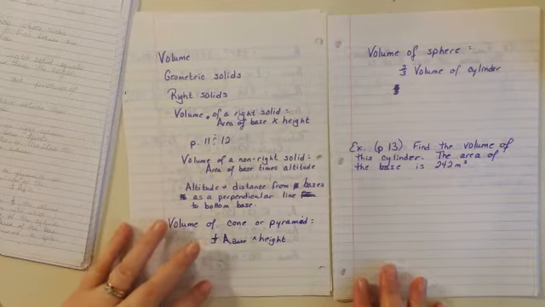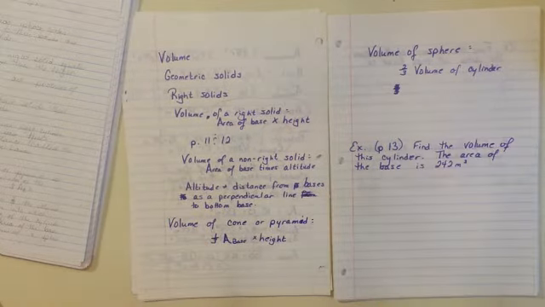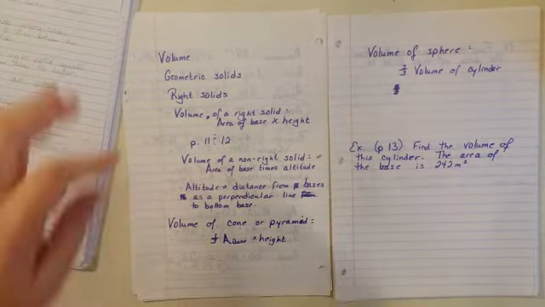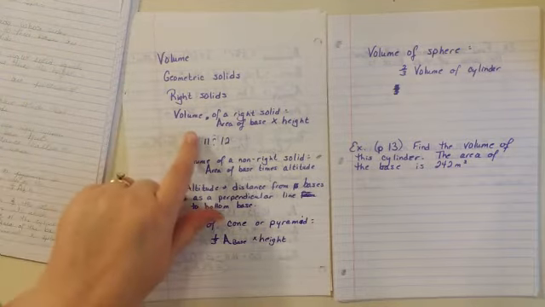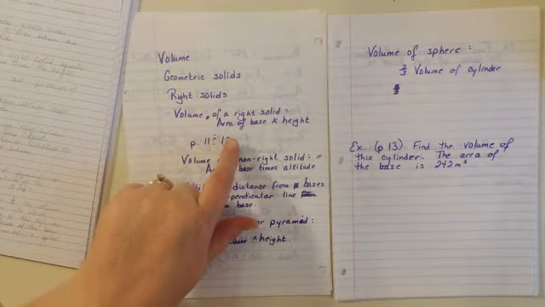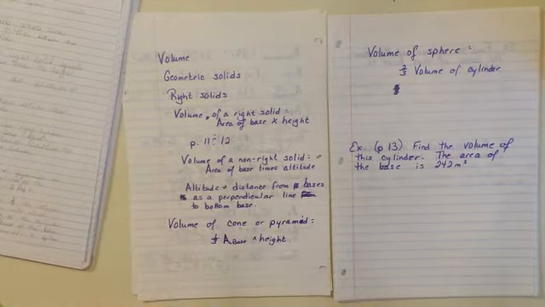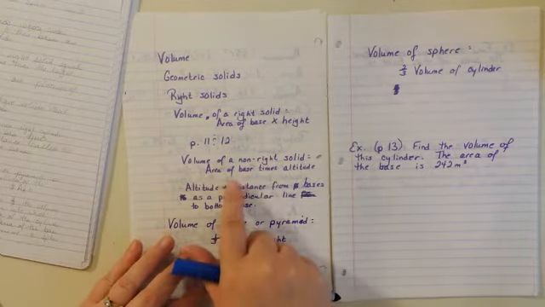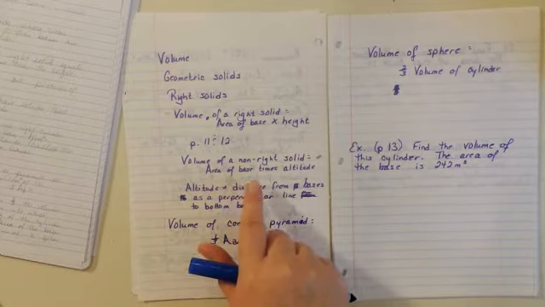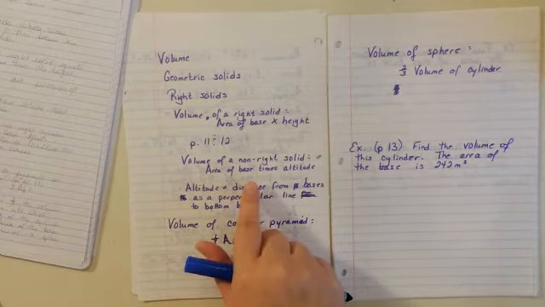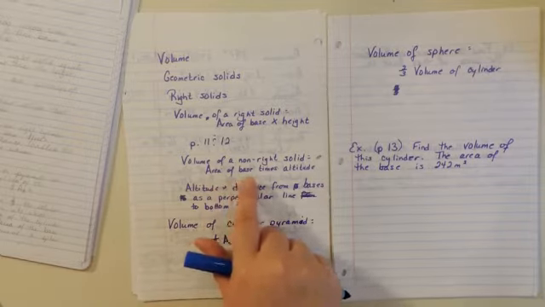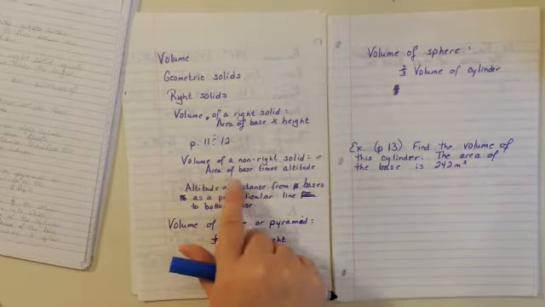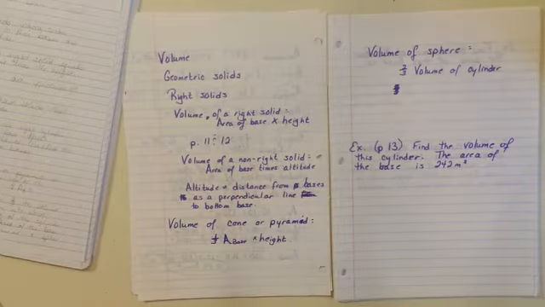So, to sum up, if we have a right solid, the volume is the area of the base times the height. If we have a non-right solid, and this would be cylinders or prisms, the volume of a non-right solid would be the area of the base times the altitude.